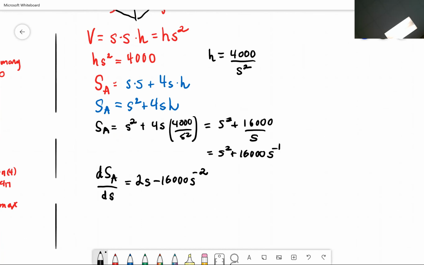Only be careful. So now we say there's a maximum or minimum when, you can see S can't exist when it equals 0. So let's go ahead and solve this.